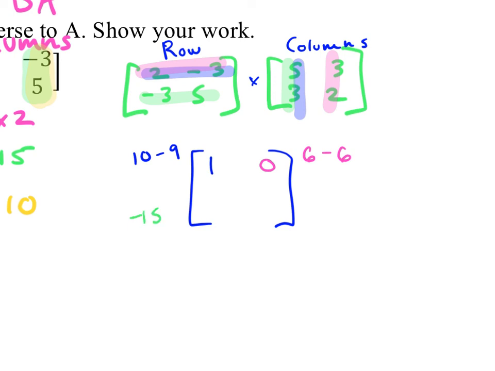And 5 times 3? 15. So negative 15 plus 15? 0. And what's left? Second row, second column gives us negative 9 plus 10, which is 1.